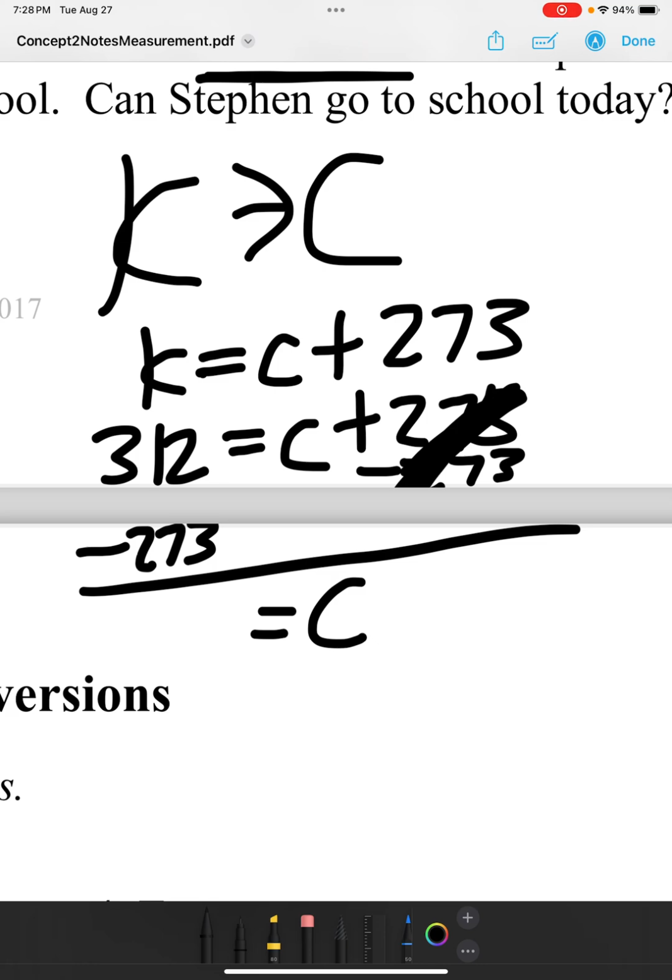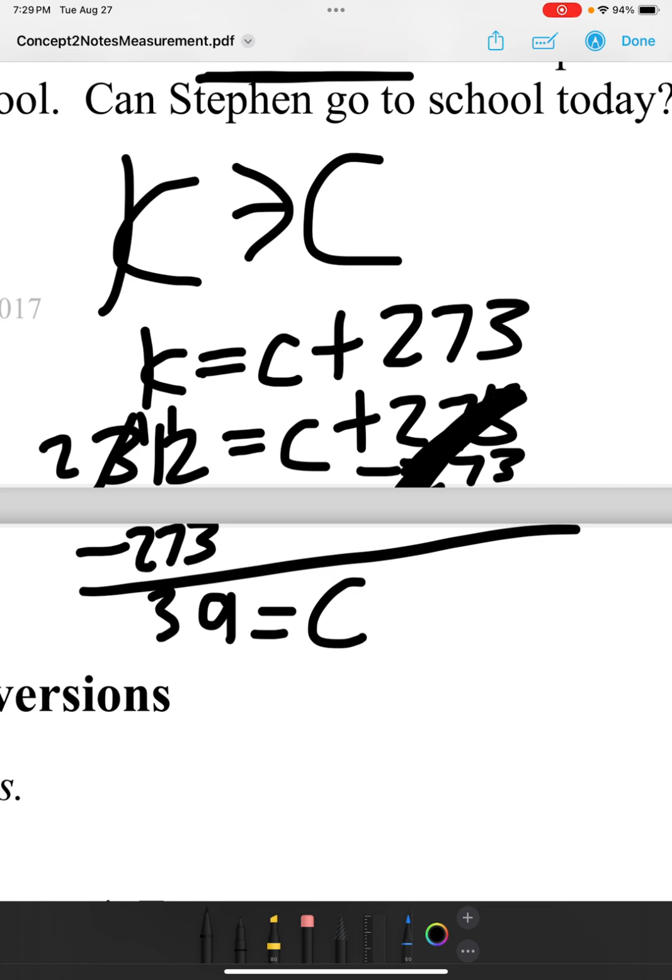We have to borrow, and that gives you 39.